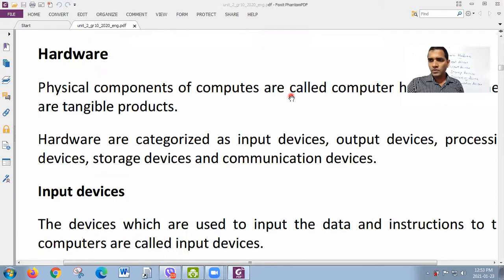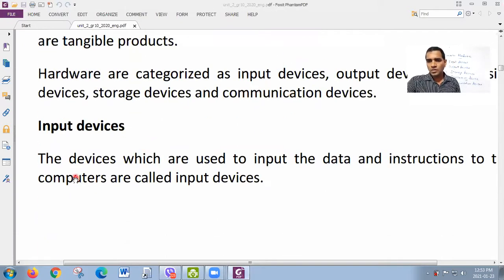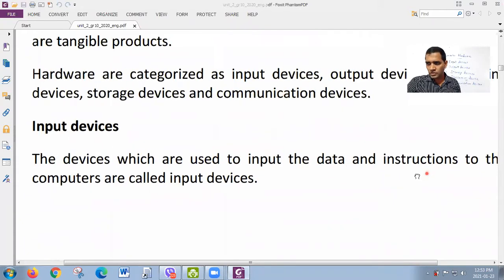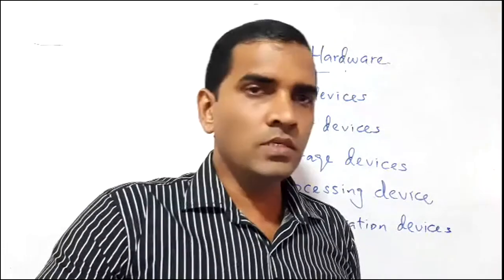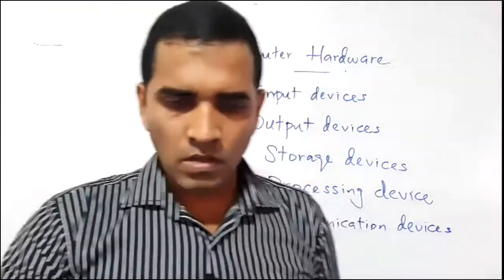Take a look at my definition. The devices which are used to input the data and instructions to the computers are called input devices. Give importance to both phrases: data as well as instructions. Now we know what the term input device is.